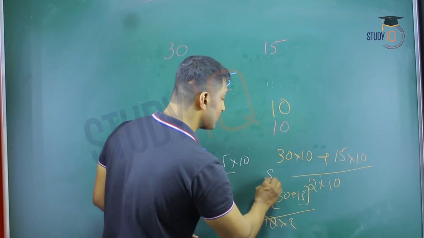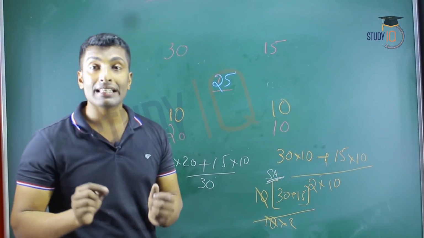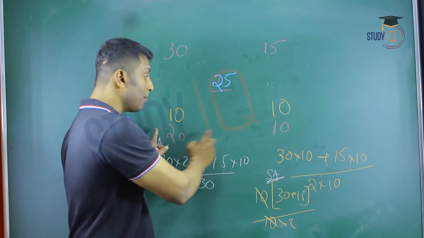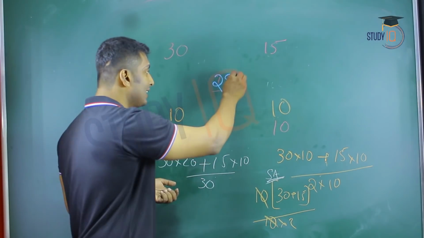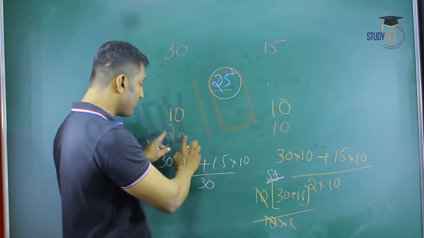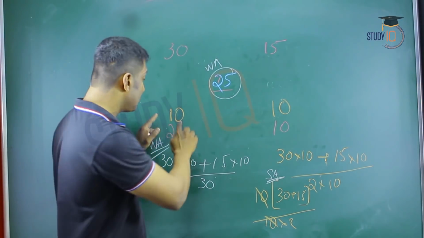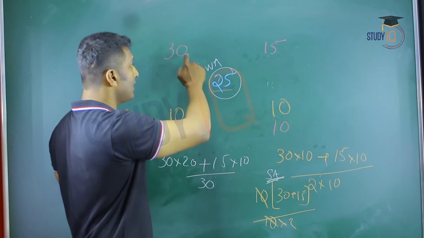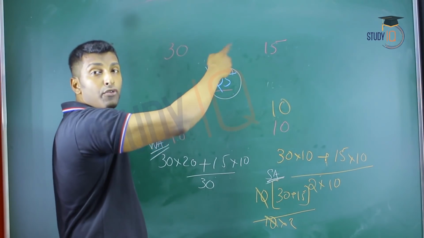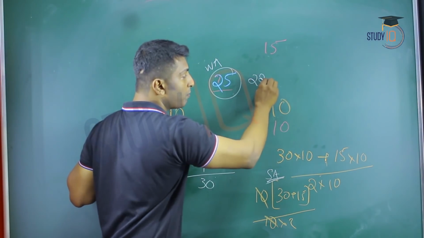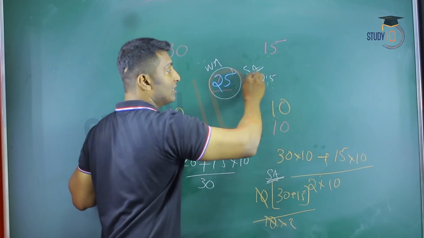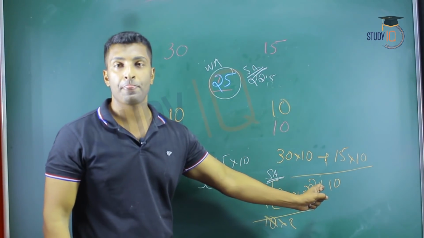And this is what we call the simple average. In which case will you go for the weighted average? If these numbers are different, you will go for the weighted average, and that's what you need to write here. If these numbers are the same, then 30 plus 15 divided by 2, 45 divided by 2, that is 22.5. That is your simple average. You don't need to go like this.